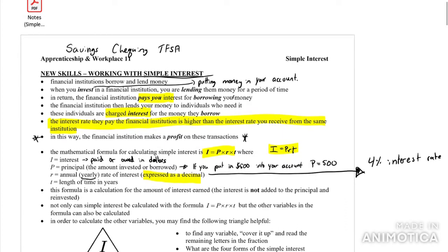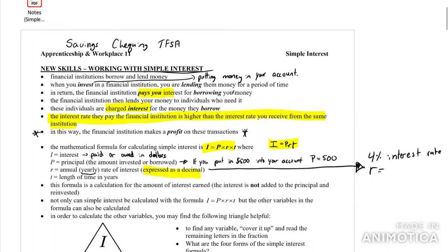We cannot put r is equal to 4. So r is not equal to 4. Instead, we have to change 4% to a decimal. How we do that is we take 4 and we divide it by 100. We drop the percent sign and we get 0.04. So then our r value in this case would be 0.04.